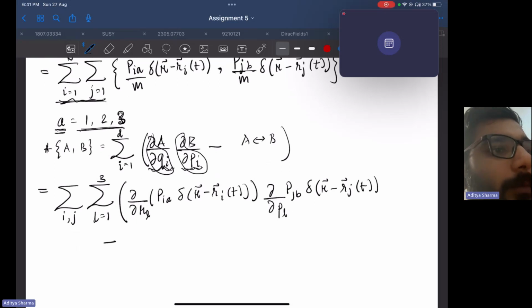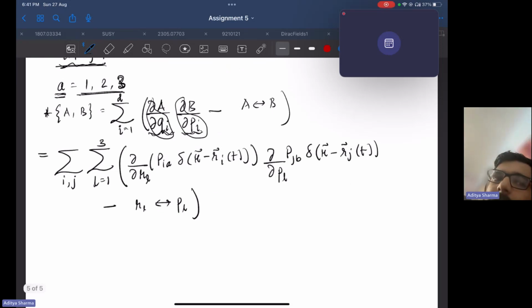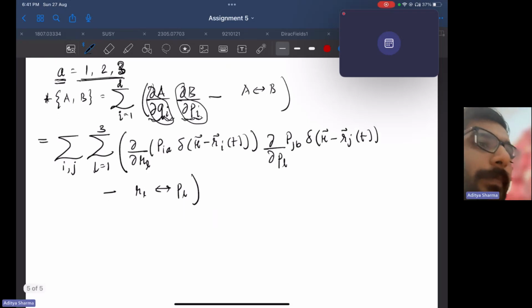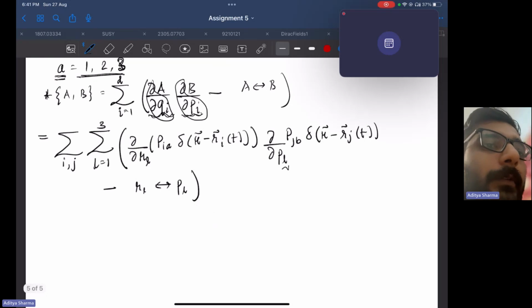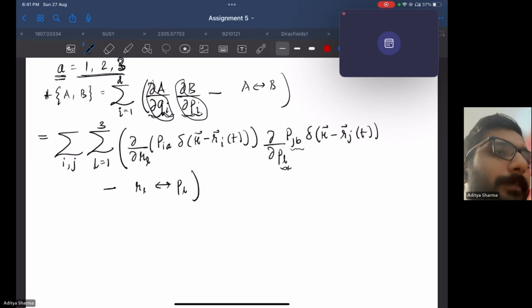Now we are going to exchange this R_L and P_L. The first thing that might seem problematic is that the index which is below has only one index here, but the index above has two indices.